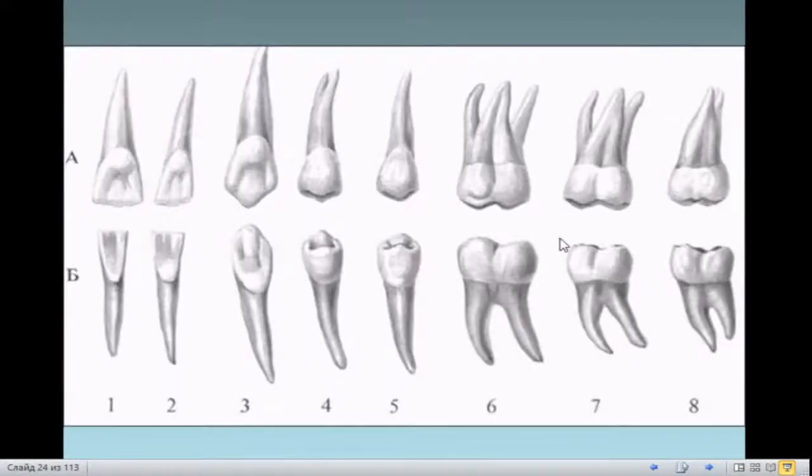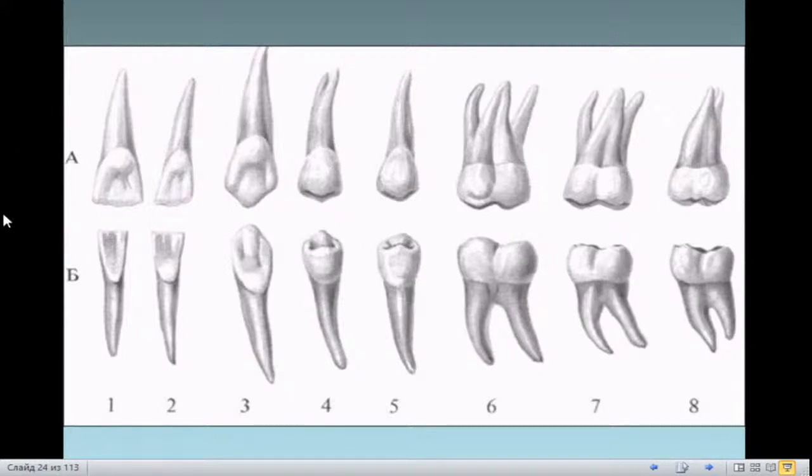Now about the names of the teeth. Each tooth has a name. The types of the names are like this. The cutting teeth are called incisors. The tearing teeth are called canine teeth. Then premolars and molars. So once again, incisors, canines, premolars and molars.